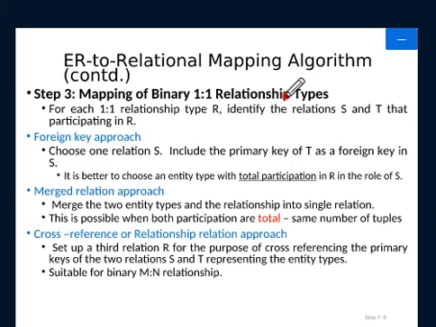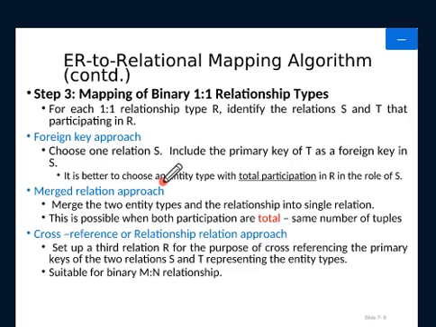Here we will have two tables, say for example S and T. Whenever we say 1 is to n, and one side is considered total participation and the other partial participation, with both maximum participations being 1:1 in the cardinality ratio, at that time we have to add the foreign key constraint, so we go for the foreign key approach.